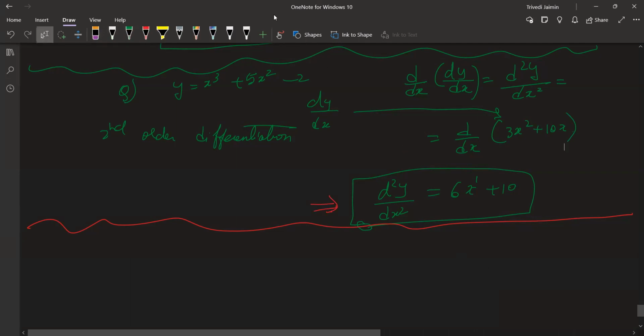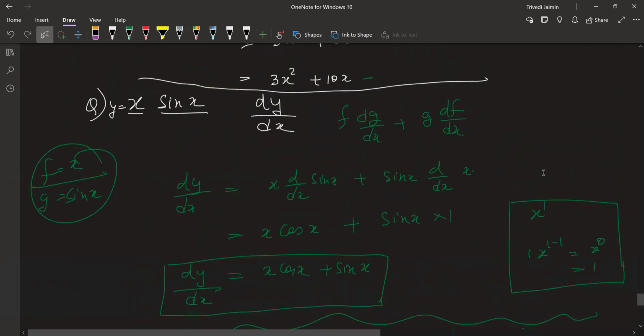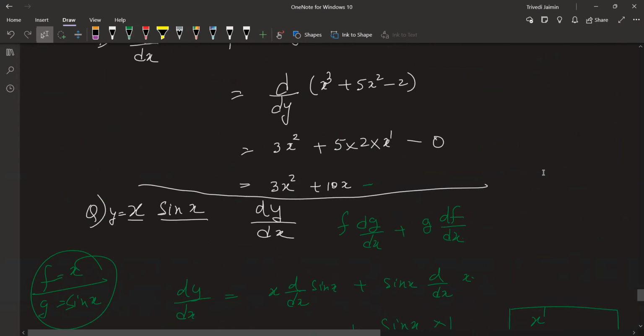Sir, I didn't understand the last part of the question, like d square y. See, first part you understood? Yes, dy by dx. That's simple, right? Yes, sir. Again, we are differentiating the same function. What is the answer we got? This is your answer, right? Previously, we solved just 3x squared plus 10x.